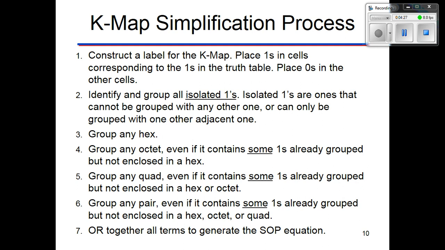So there is a very nice roadmap on how to do this. First, construct the label for the K-map. I haven't told you how to construct the label yet, but it's very simple. Then place your 1s where you are supposed to have your 1s. Generally, when you have a very large K-map, it's useful to get your minterms that have 1, place all the 1s, and then put 0s everywhere.